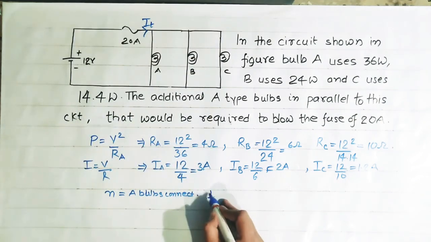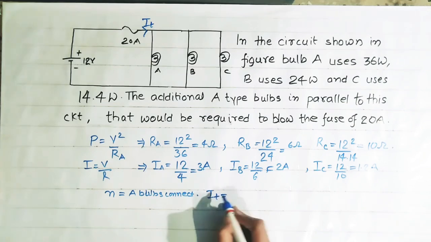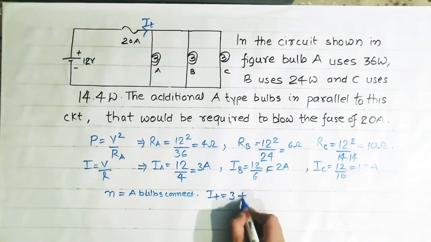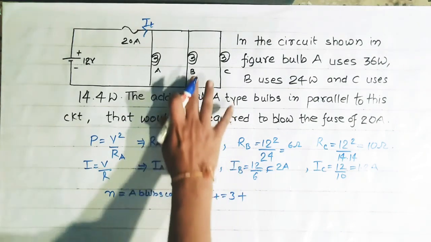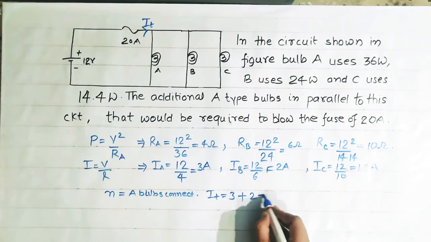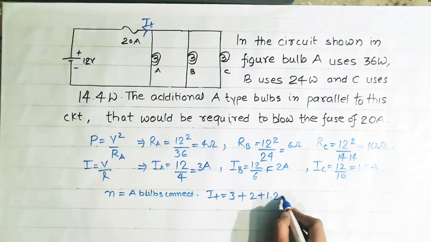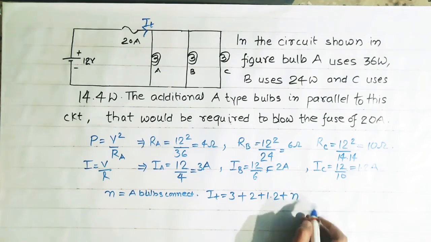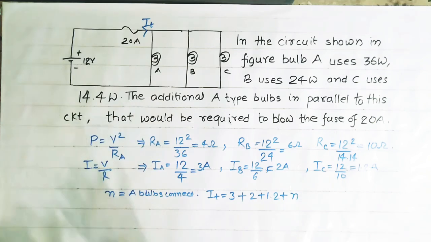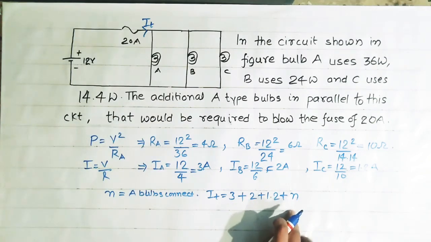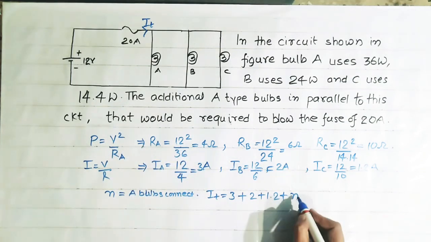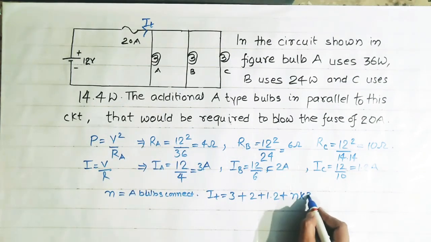So IT is equals to, suppose current taken by bulb A is 3 ampere, current taken by bulb B is 2 ampere and current taken by bulb C is 1.2 ampere. If we connect n number of additional A bulbs, then each bulb will consume 3 ampere current. So total current consumed by n number of A bulbs connected in parallel is equals to n into 3.